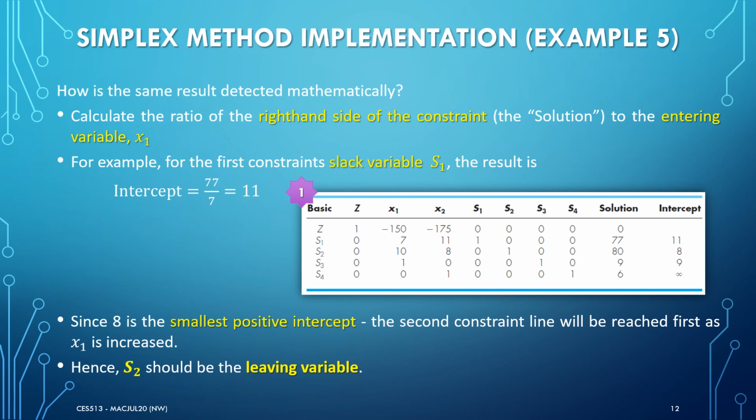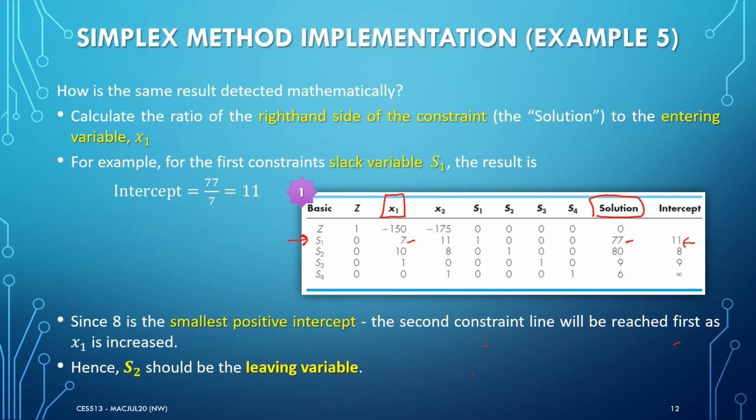How is the same result detected mathematically? One way is to calculate the ratio of the right-hand side of the constraint, which is the solution column from the tableau, to the entering variable x1. So for example, for the first constraint, with basic variable S1, the result is 77 divided by 7 equals 11.